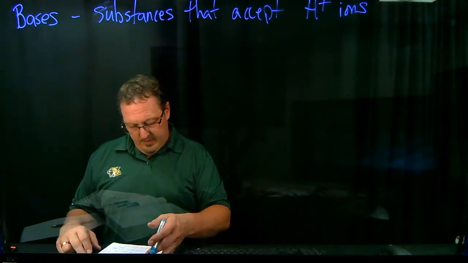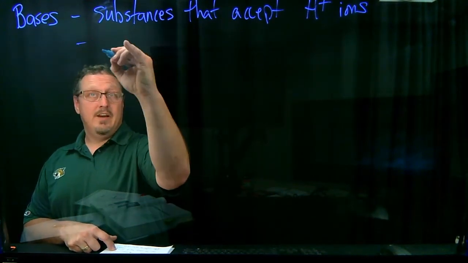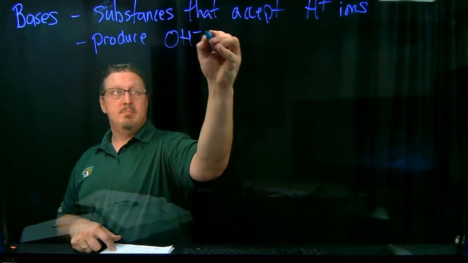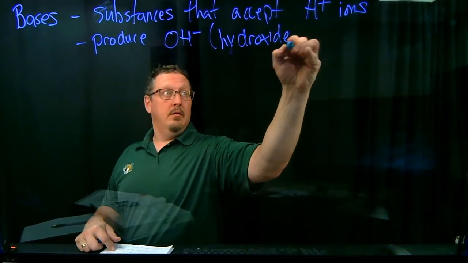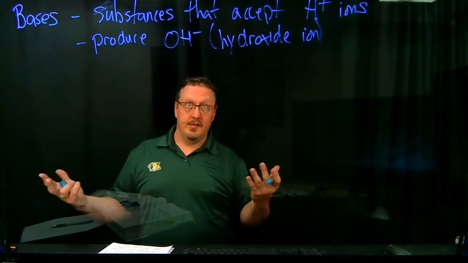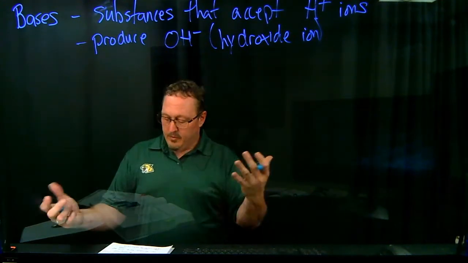That's another way that we can think about it. But in this reaction, they also produce OH minus, or hydroxide ion. And that's what we're going to use as our basic metric for a base.